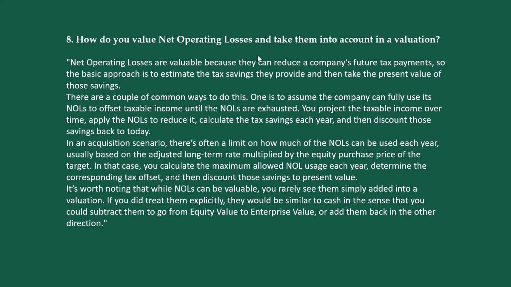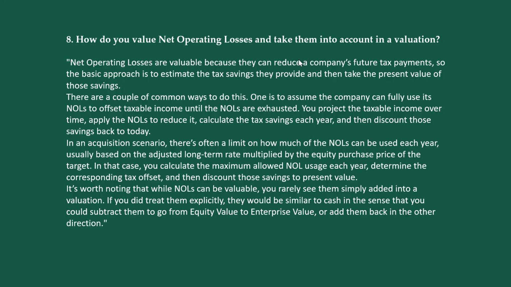The tax saving in each year is calculated as the annual NOL applied multiplied by the corporate tax rate. Once you have the projected tax savings, you discount them back to present value using the appropriate discount rate, usually the company's cost of equity or after-tax cost of debt, depending on the context.